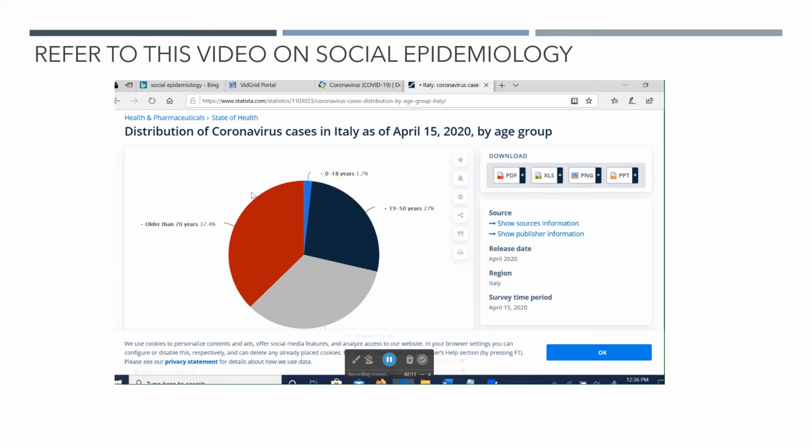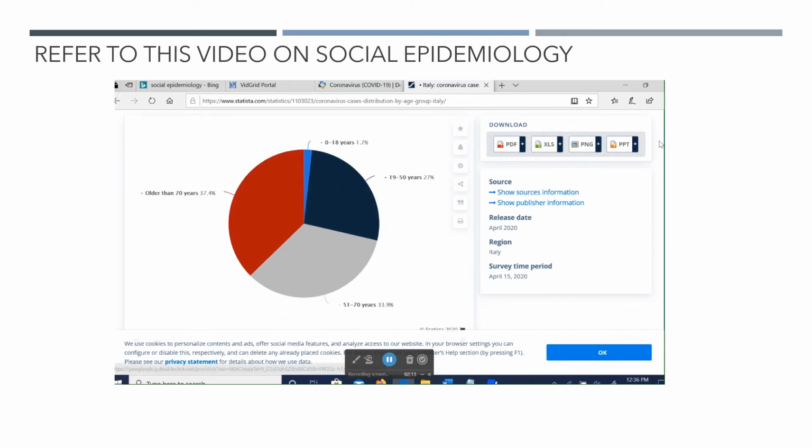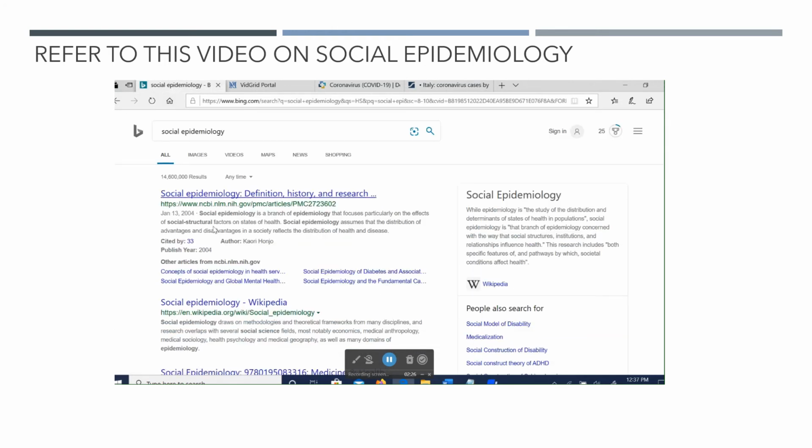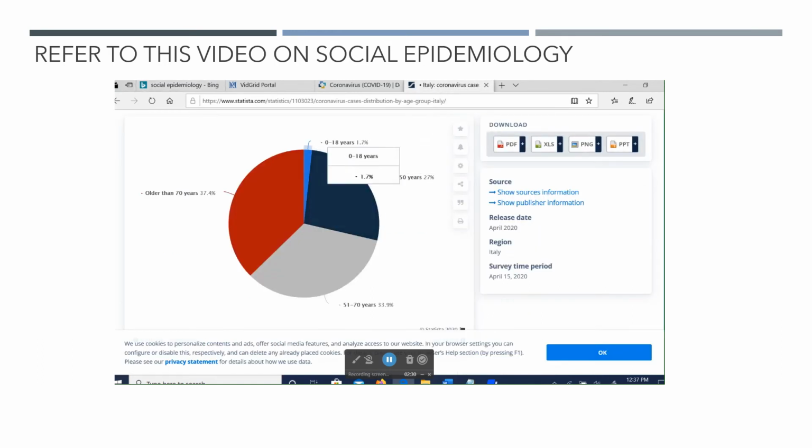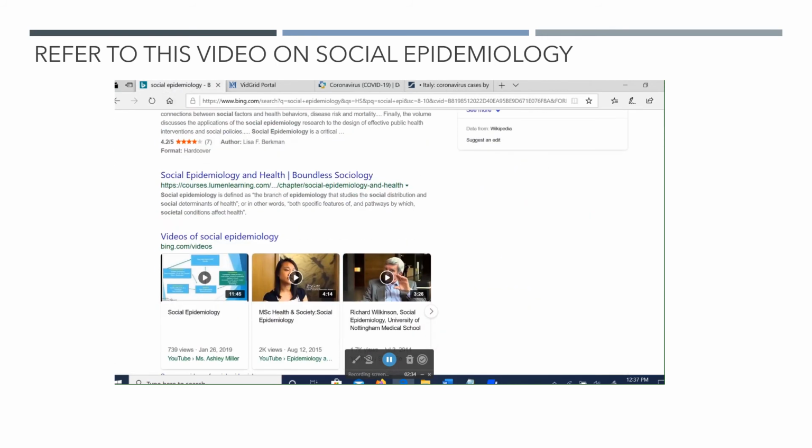So these are manifestations of social epidemiology with respect to age groups. So in this case, age groups would be the social structural factors, or we can also consider these different age categories as social distribution.